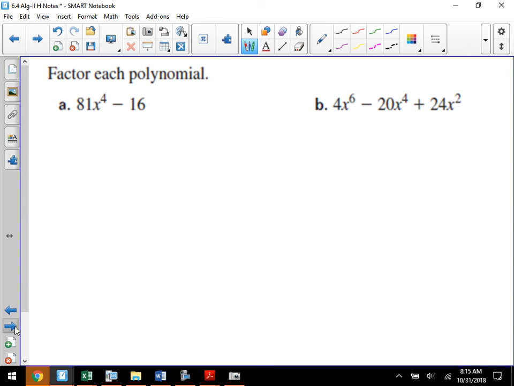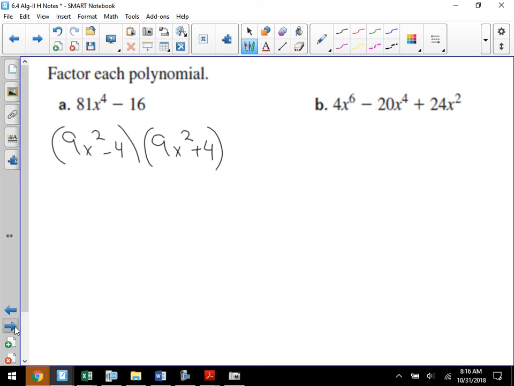So x to the 4th is a perfect square. Is 16 a perfect square? Yes. Is 81 a perfect square? All right, so is that a subtraction symbol? Yes. So this is a difference of squares. The factors are 9x squared minus 4 and 9x squared plus 4.